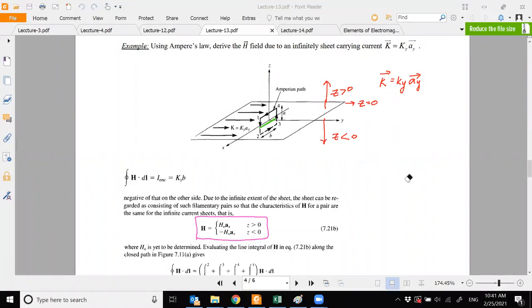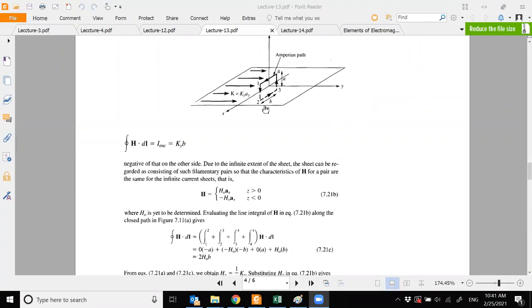And now if I apply Ampere's law, then you will see that we have 4 line integrations. So if we do the 4 line integrations, you will see that you have 1 to 2, 2 to 3, 3 to 4, and 4 to 1. And I have decided the direction of the line integration to satisfy the right-hand rule, which I have just now told: when you integrate along the loop direction, your thumb should show the direction of the enclosed current.